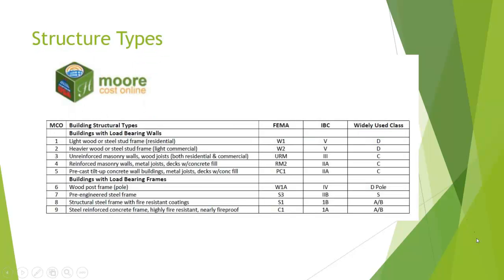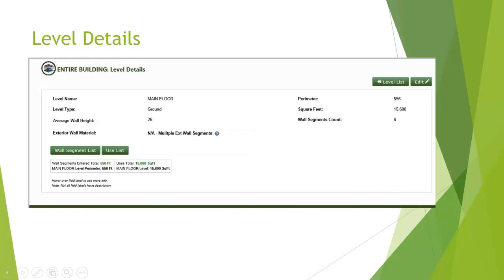Now we're going to add a level. By the way, the structure types, I want to refer to that again. This is a very good reference for whatever you've been using now, so that you can match that to the Marshall cost online category for structure type. So again, we had only one level here.